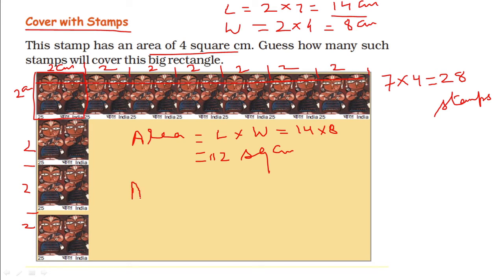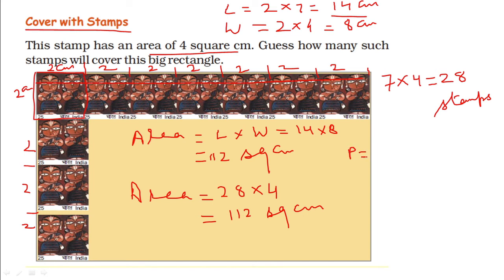Yes, another method. How many squares are there? 28 squares. What is the area of 1 square? That is 4 square centimeter. So the total area is 28 into 4, that is 112 square centimeter.